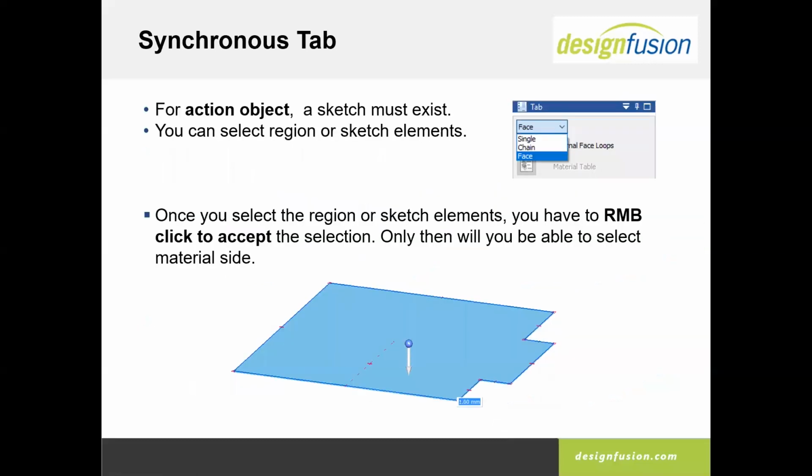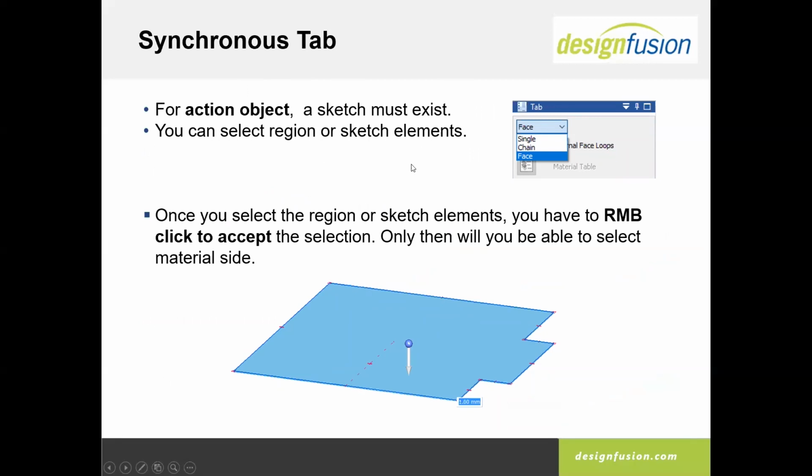Okay, if you pick the action object approach, so you pick the command first, obviously a sketch must exist. You do not build sketches inside the command. They have to be built out up front and existing prior to selecting the action.